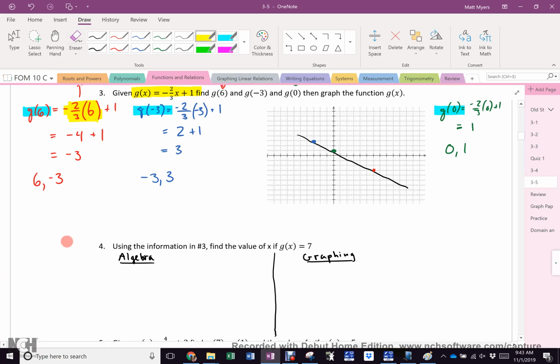Well, now I have this. G of x equals 7. Right? Well, the g of x equals negative 2/3 x plus 1, right? But doesn't the g of x also equal 7? So, g of x also equals 7.